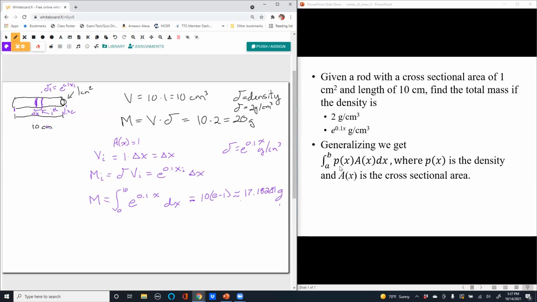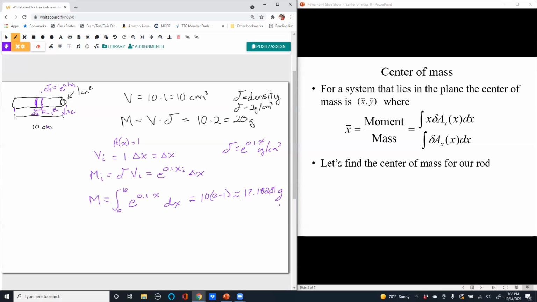So this is how calculating a mass falls into what we're focusing on in this module. We have a continuously varying density. If the density is not continuous, we don't need an integral. We would do it with just the sum. But when we have a continuously varying density, it lines up perfectly for an integral.